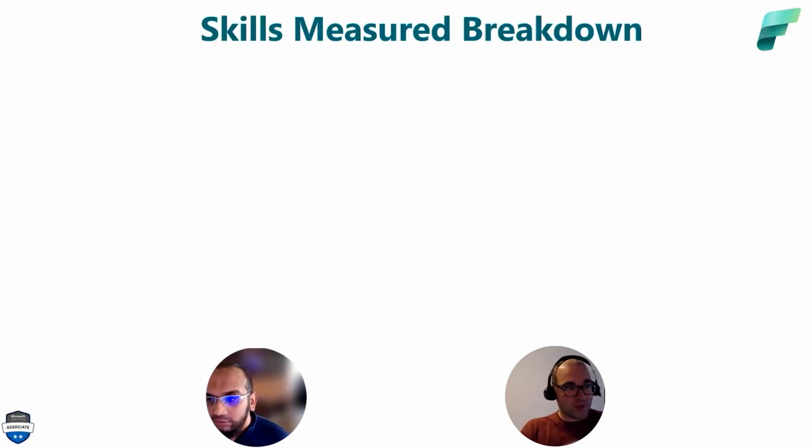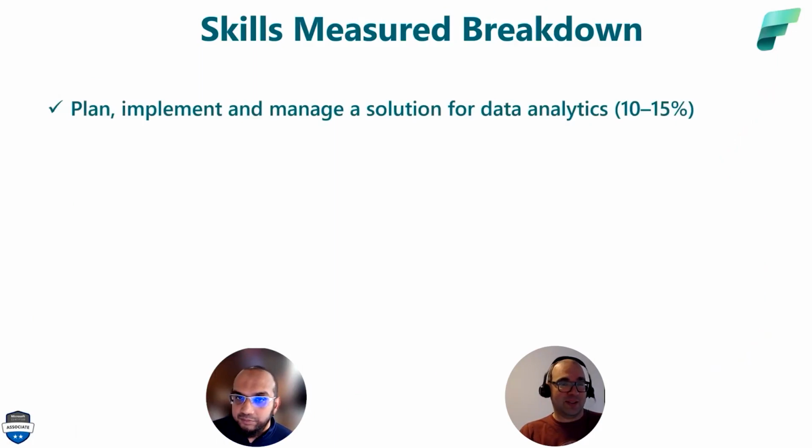Okay, so now let's move to skills measured. Those are the four major areas of skills that one who takes this exam should know. First is plan, implement, and manage a solution for data analytics. This is the smallest part of the exam, 10 to 15%.